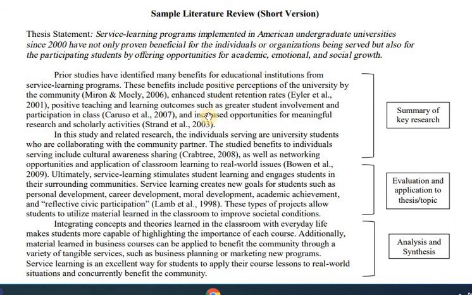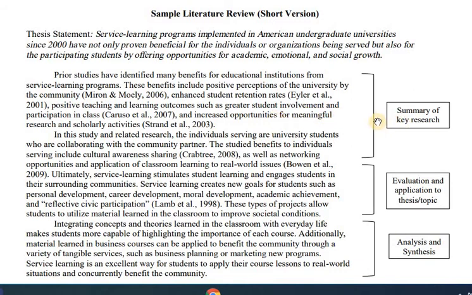So he grouped the findings from these papers or previous literature talking about the benefits for education institution. It was grouped in one paragraph.